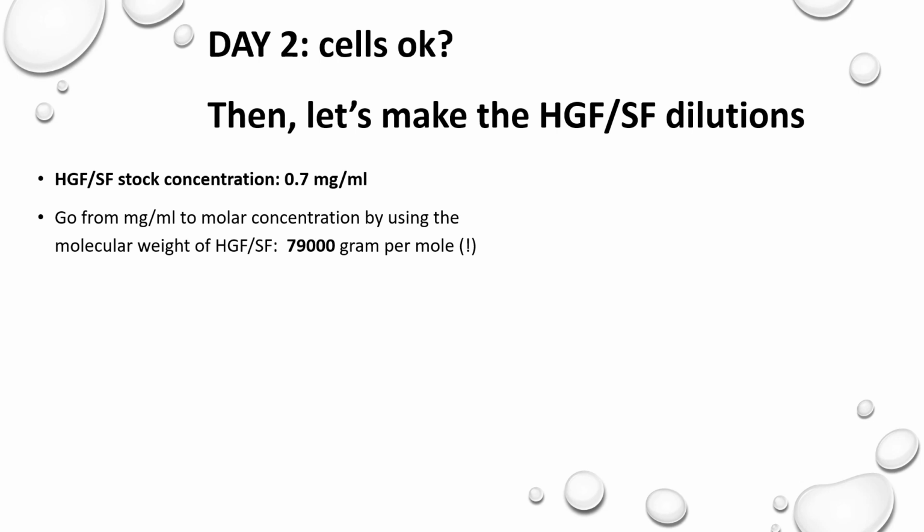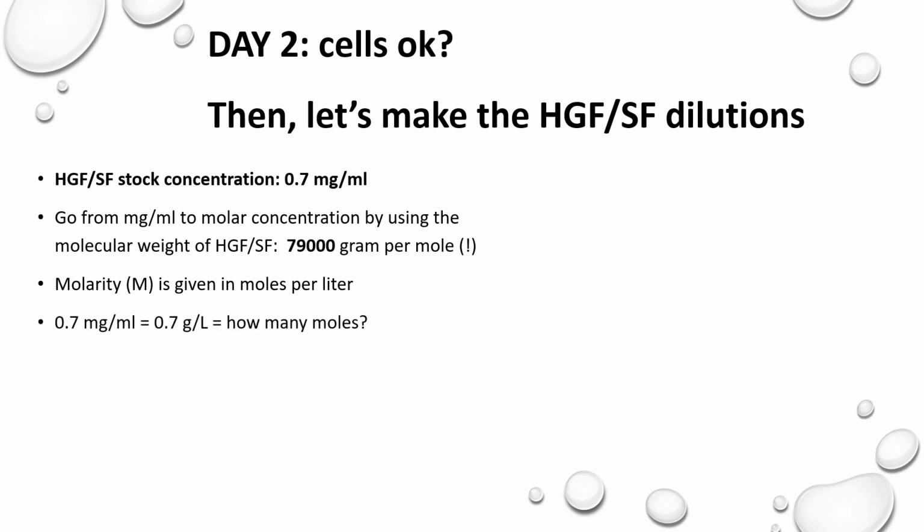Can you imagine? However, to understand how much we have in this tube, which contains 0.7 milligrams per ml, we simply need to divide. First we change to the volume that we normally use for molarity, which is a liter. So 0.7 milligrams per ml is 0.7 grams per liter.